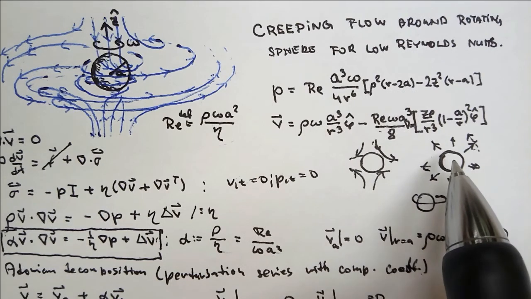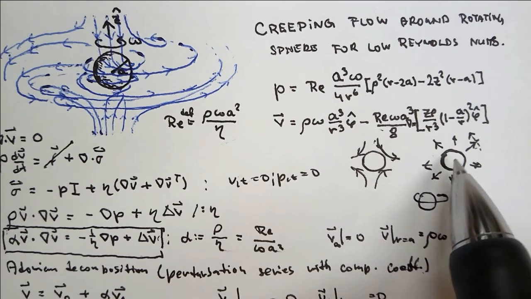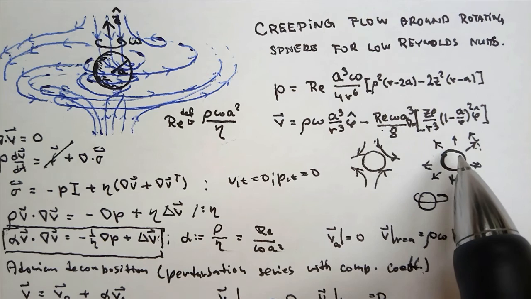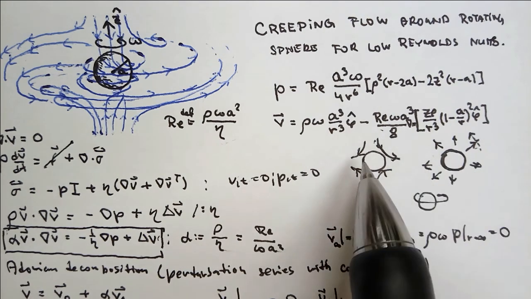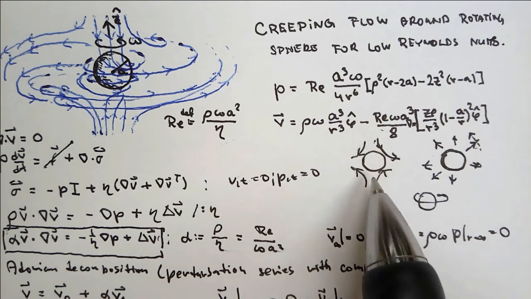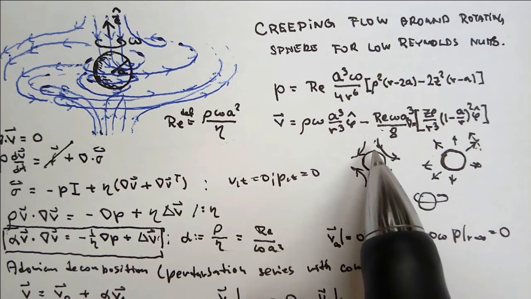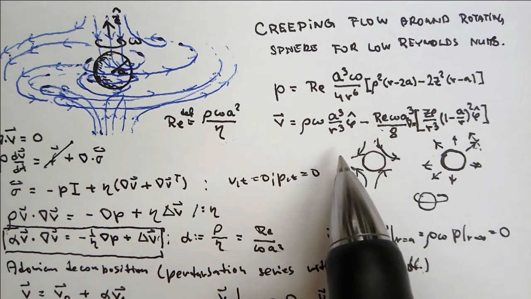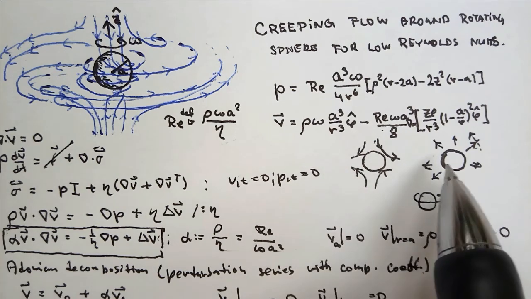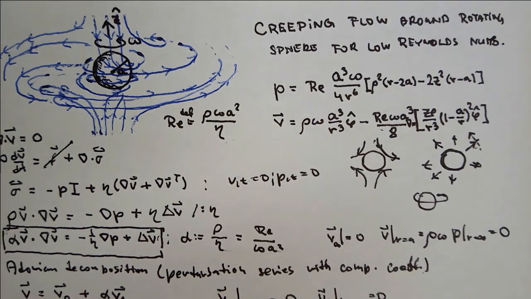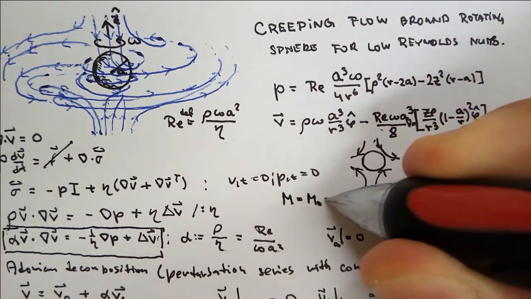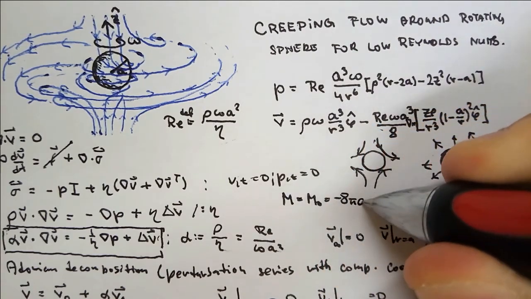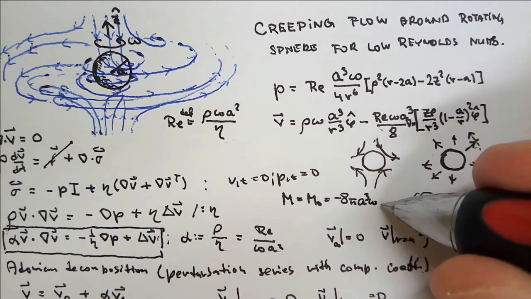So this is the first correction for tension. You can compute it yourself. I will leave this as an exercise. Also there is a shear, because the flow is coming from the poles and leaving at the equator. So the moment stays the same, as before: minus pi a to the cube power omega and eta.